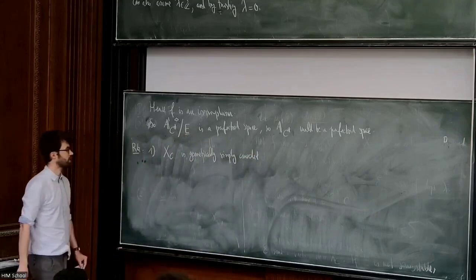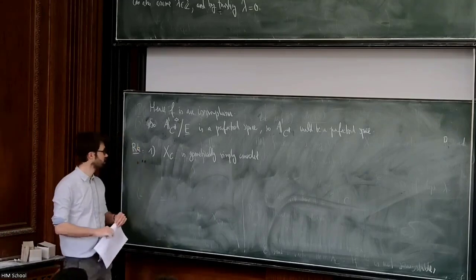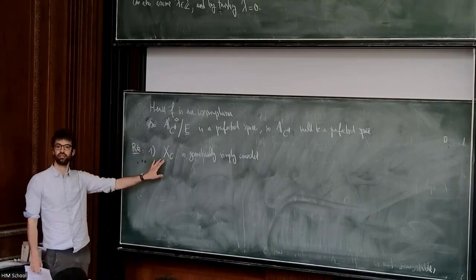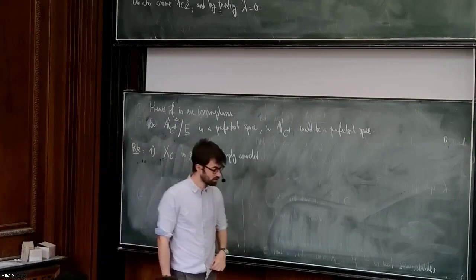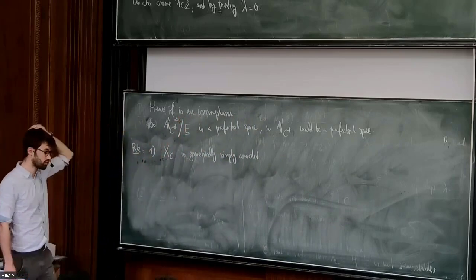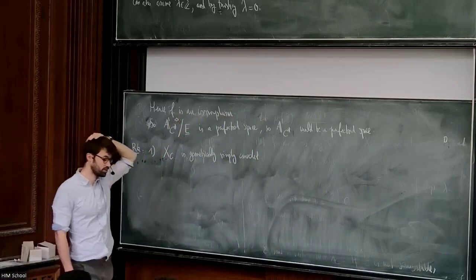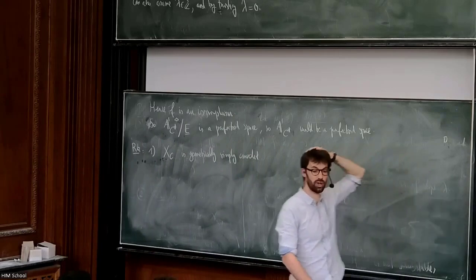So it lives over Spa E, but after base change to the completed algebraic closure of E, it has no non-trivial finite étale covers. This is something you can deduce from the classification theorem, and the same argument would also work with P1 if you use Grothendieck's classification of vector bundles on P1.